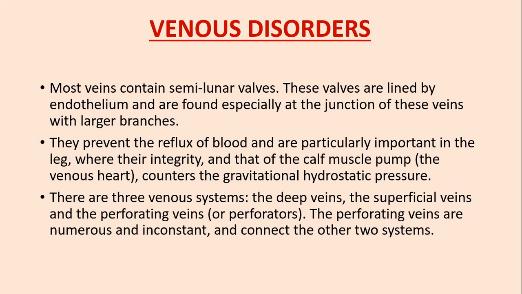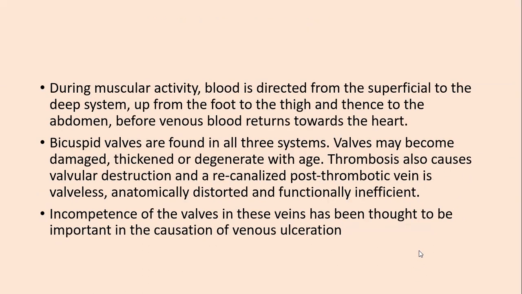There are three venous systems: the deep veins, the superficial veins, and the perforating veins or the perforators. The perforating veins are numerous but inconstant, and they connect the superficial and deep venous systems. During muscular activity, blood is directed from superficial veins to the deep system and up from the foot to the thigh and thence to the abdomen before the venous blood returns to the heart.